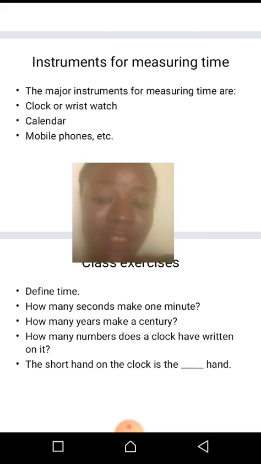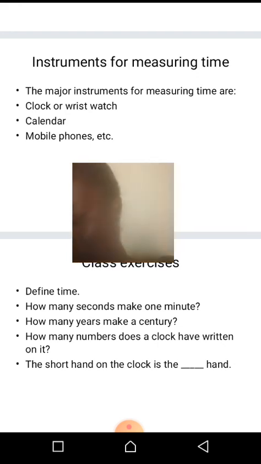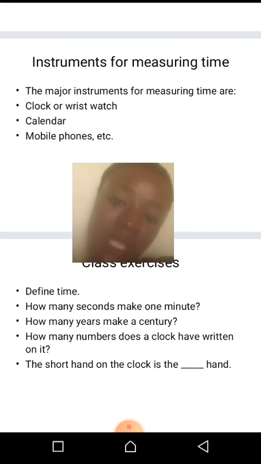That is why in the morning we say good morning, but when we want to tell the time, we'll say, oh, it's 9 a.m. Oh, it's 7 a.m.